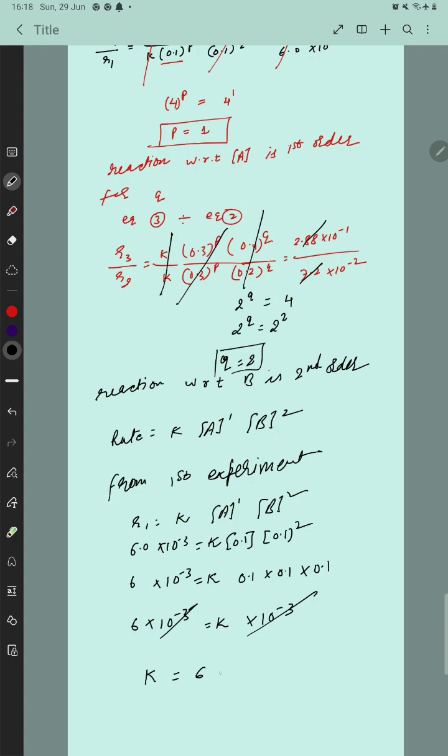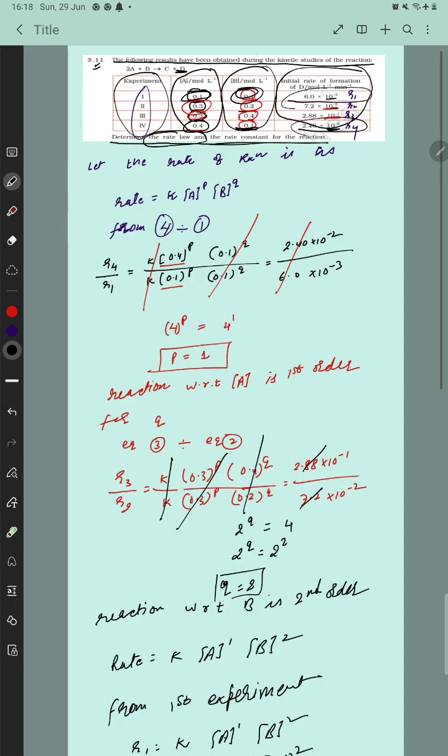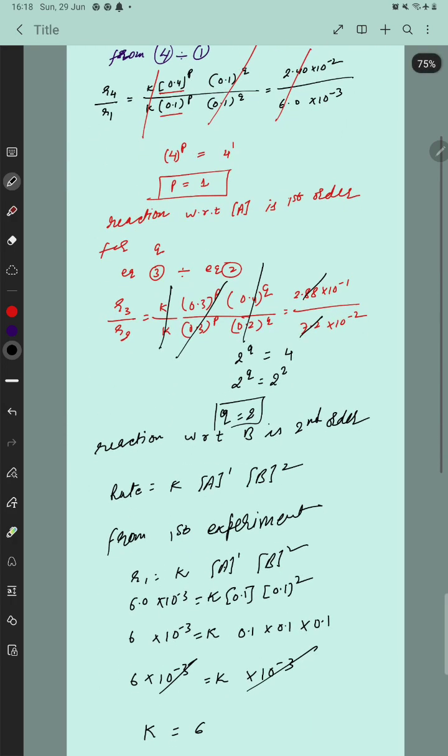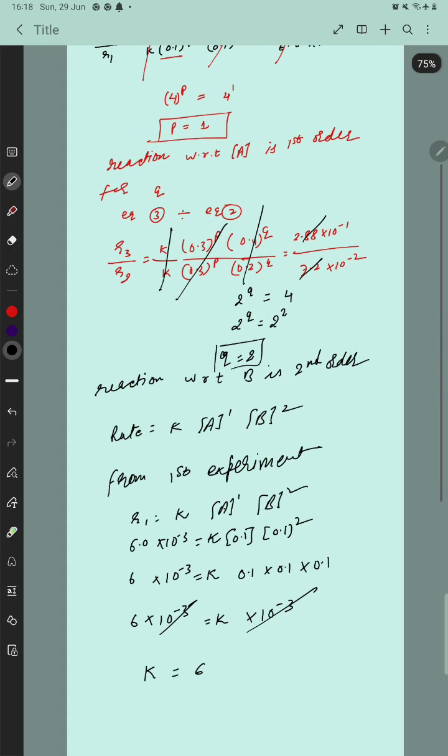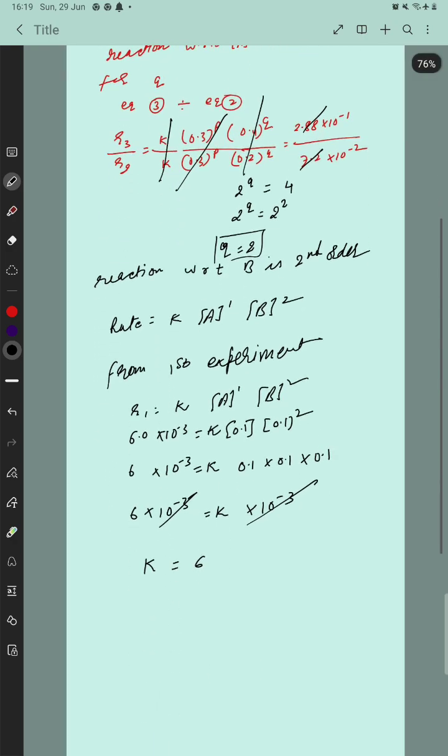What is the unit? The unit is whatever unit they have given, mole per liter per minute, right? Or we have to put the values, because it will be mole power minus 2 liter square minute inverse. How are we getting this?